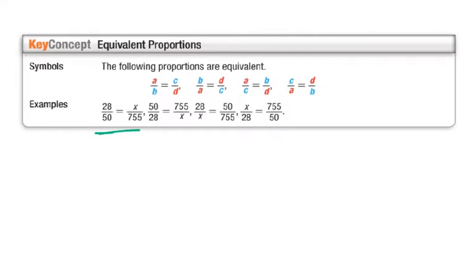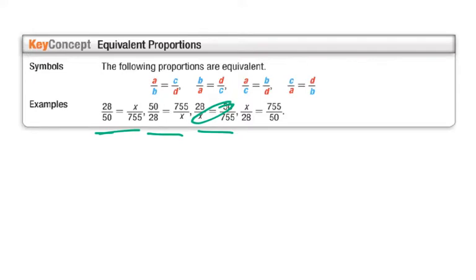So if you look at this one, notice this one flips it upside down. See, 50 over 28 is equal to 755 over x. Now, notice what they also did here is they could set it up 28 over x is equal to 50 over 755. So you can actually swap places diagonally too to set up that proportion, and you'll still get the correct answer.